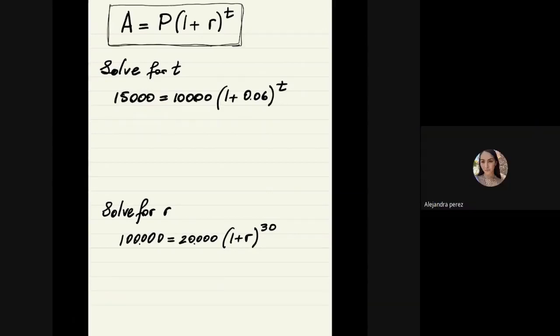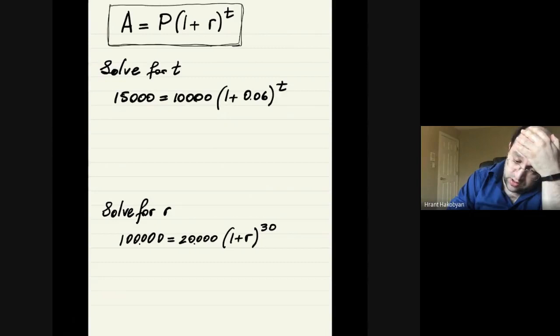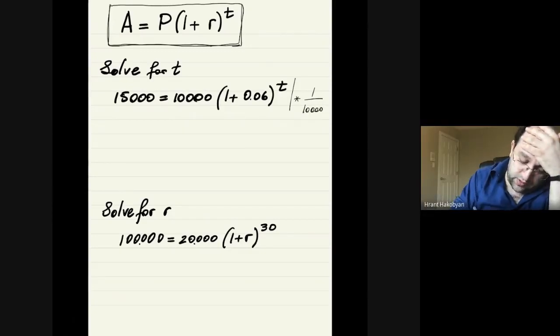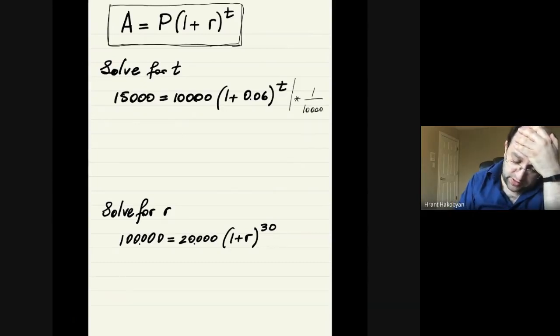So let's divide both sides by 10,000. You're going to get 1.5 on the left-hand side. 15,000 divided by 10,000 is 1.5.